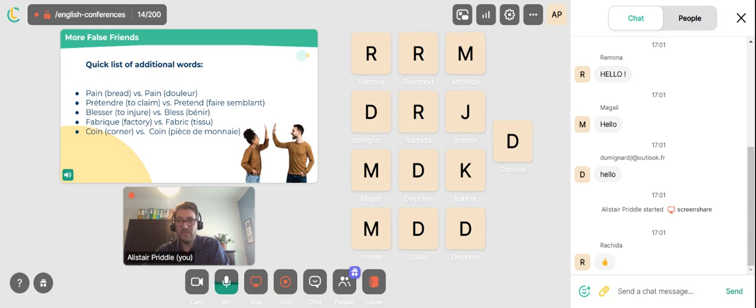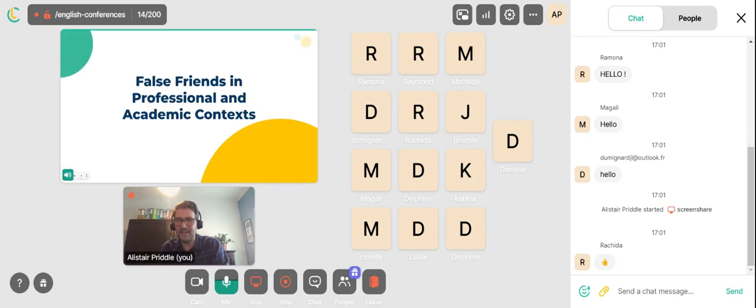Blesser, to injure, versus bless, bénir. Fabrique, factory, versus fabric, tissu. Coin, corner, versus coin, pièce de monnaie. Okay, so there we go. Some more false friends. Let's continue, guys.